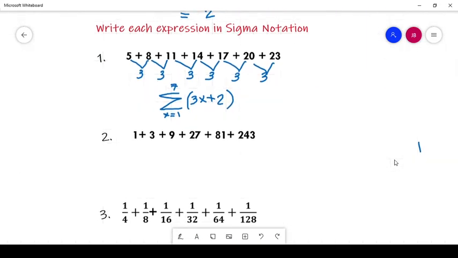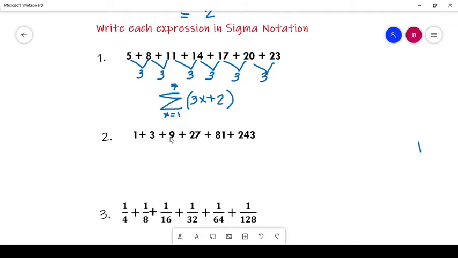Again, same process. You need to identify our series, whether it is geometric or arithmetic. So, this is a geometric series. As you can see, we have 1 plus 3 plus 9 plus 27 plus 81 plus 243. So, it is multiplied by 3. The constant is 3, so it multiplied each term by 3. So, that is also increasing.